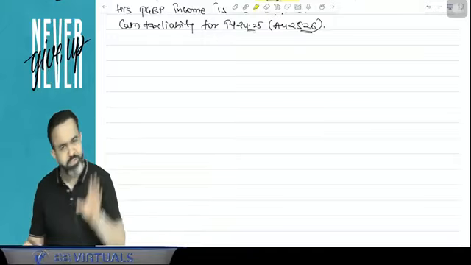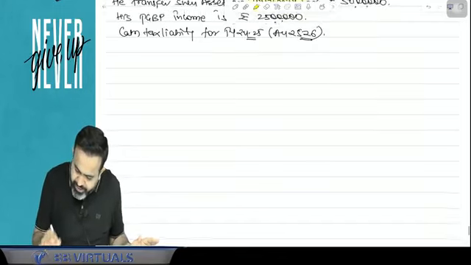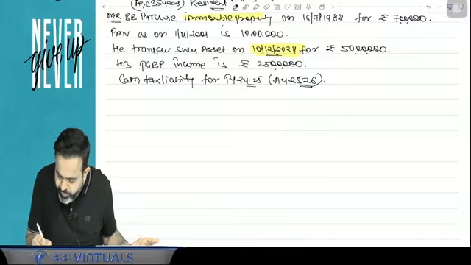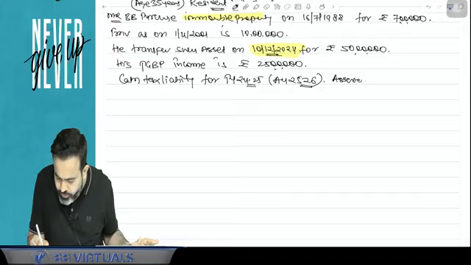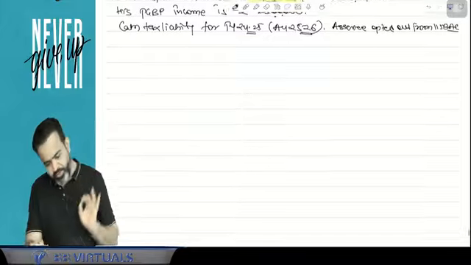So here guys, first we calculate the total income. Let's calculate the total income, and guys, assume that the assessee is not following 115BAC. So in the question you can write: assessee opted out from 115BAC. Now try to understand.